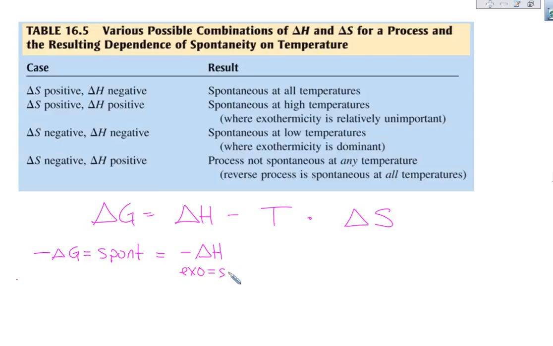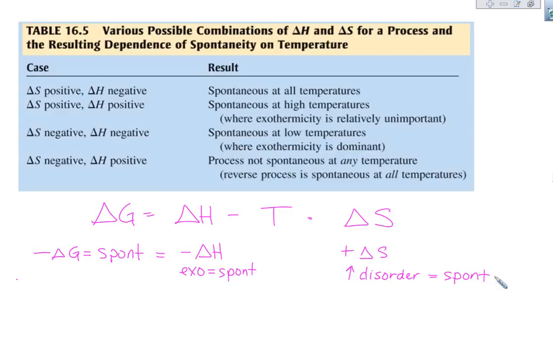Exothermic is always spontaneous. And then what if we have a positive delta S? Positive delta S means an increase in disorder. And that is always spontaneous. These two conditions should always result in a negative delta G.